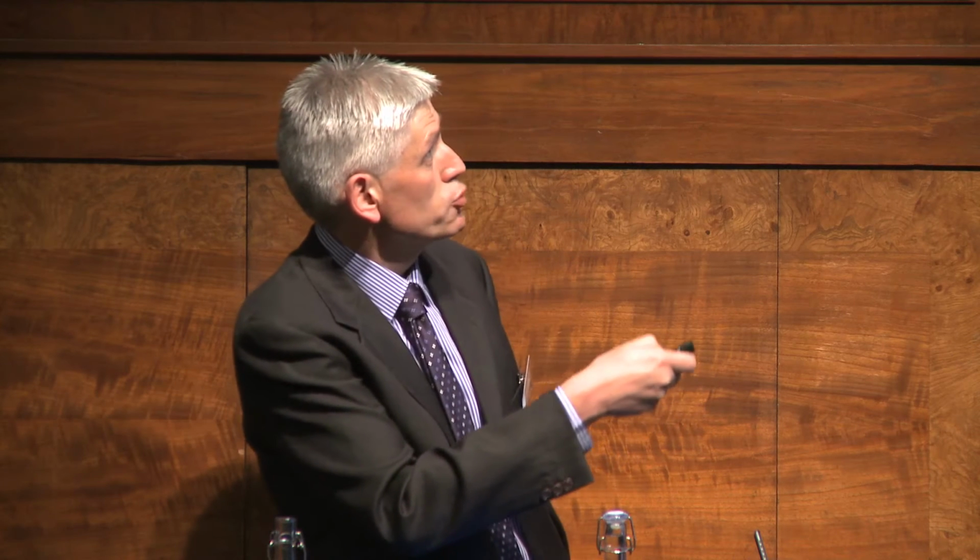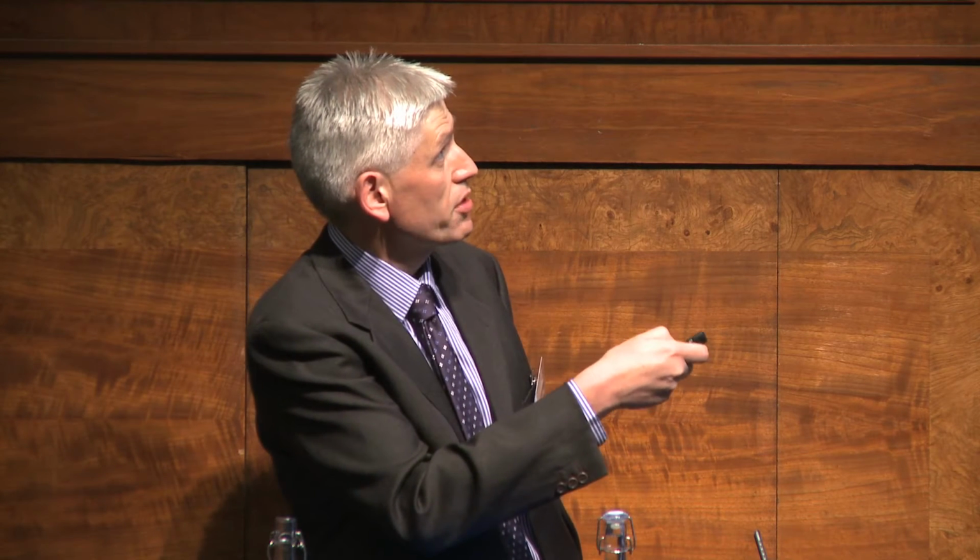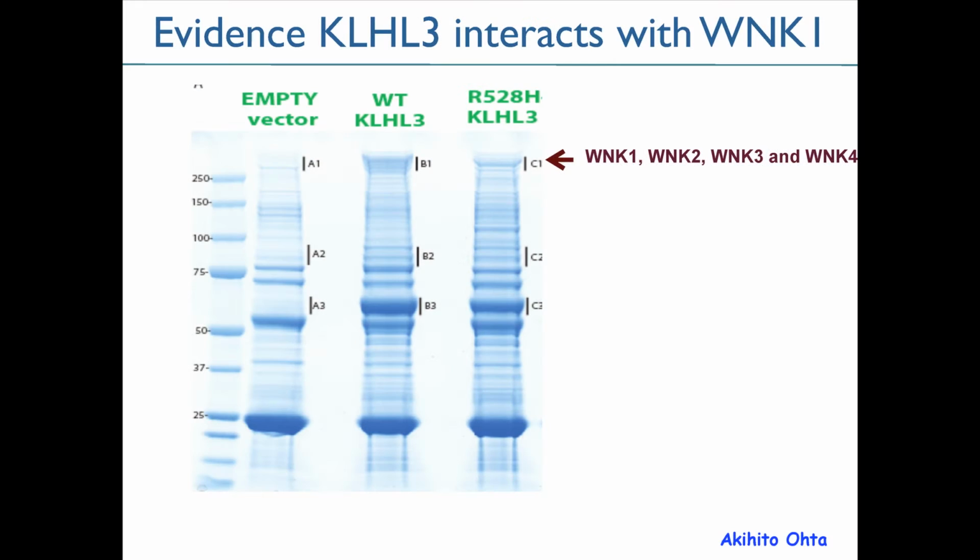And what we found was that we could absorb to these KLHL3 subunits one major high molecular weight band from the lysates, and this turned out, very satisfactorily, to comprise all the major WNK isoforms that are present in the cell.